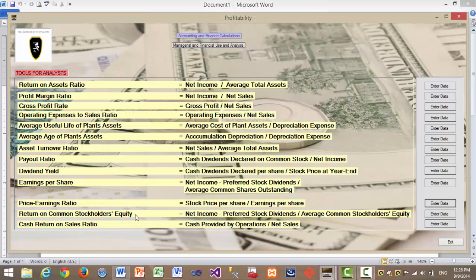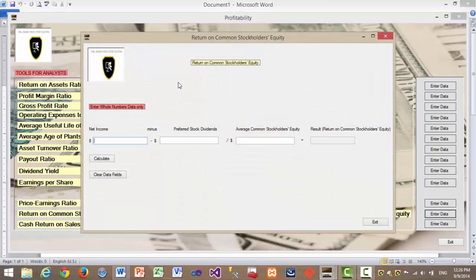Return on common stockholders' equity consists of net income minus preferred stock dividends divided by average common stockholders' equity. That's the result that will go on your financial statements.